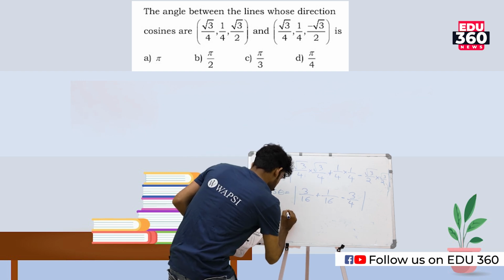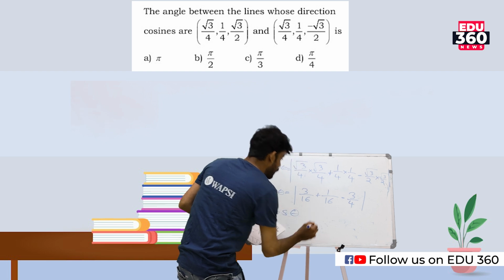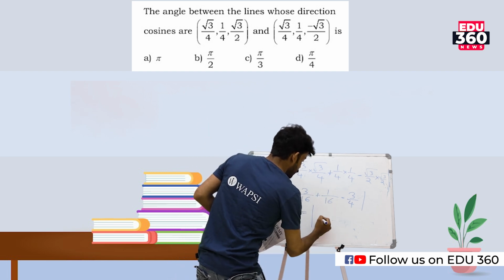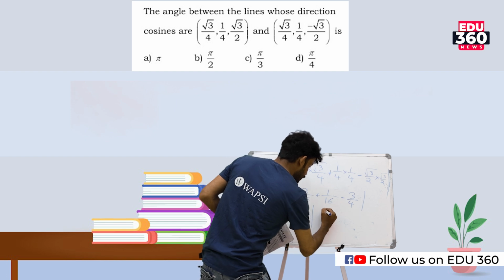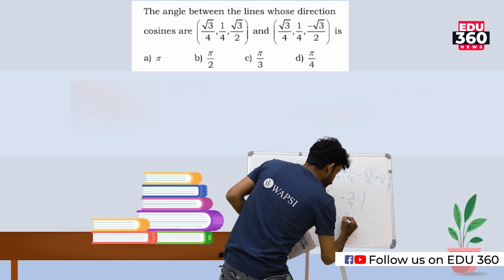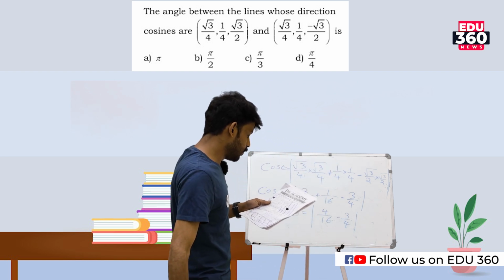So cos theta is equal to 3 by 16 plus 1 by 16, so that is 4 by 16, minus 3 by 4. So that is equal to minus 3 by 4.